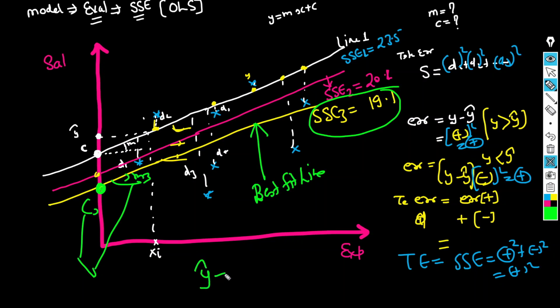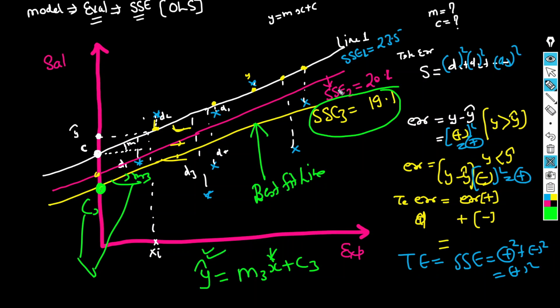What would be the prediction? y is equal to M3x plus C3. We will apply the x value here, M and C we also know, so we can get the prediction.